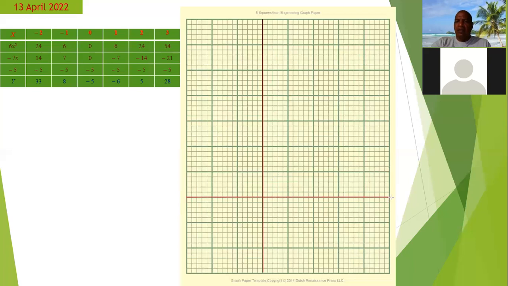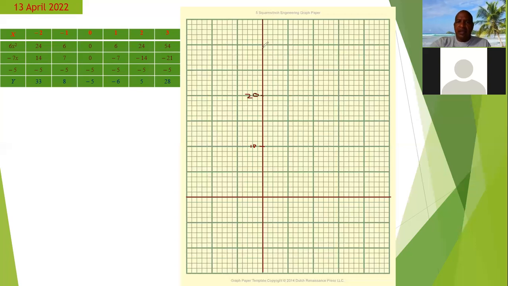because when we take the centimeter boxes, we're using a scale of 2 centimeters to be 10. So here is 10 on the y-axis. And we're using another 2 centimeters, that would give us 20.